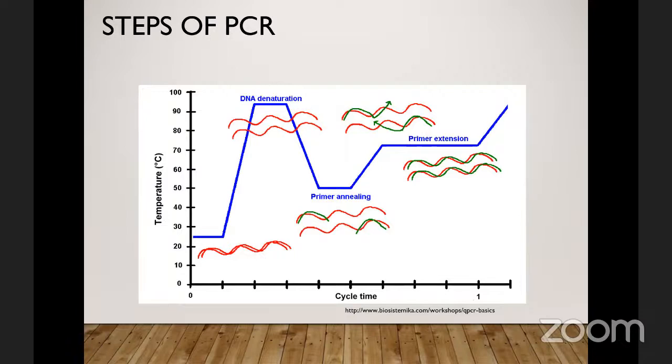That's denaturation. So it separates into two strands. Then the temperature comes down to around 50 degrees Celsius. You can see the primers annealing to it. And then there's a little increase in temperature to around 72, where extension and elongation will happen. And then you now have two double strands of DNA. So this is also one PCR cycle. Next slide.